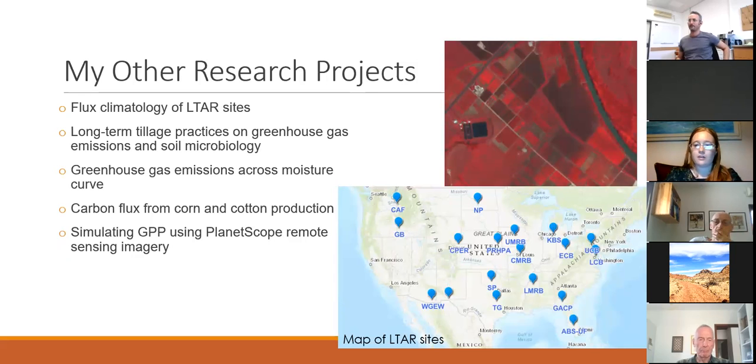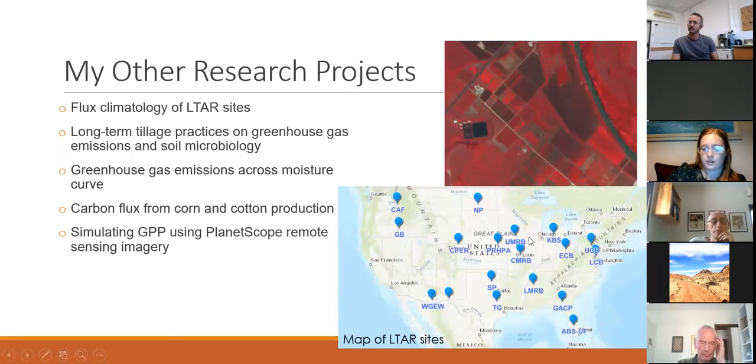So some of the other research that I'm doing: that was kind of an overview of our work with eddy covariance and DSSAT modeling, and I'm going to pull in some of my other work just so that you can get an idea of what we're doing at ARS and some of the other work that's going on here. Right now, one of the big things that I'm involved in is a flux climatology of all LTAR sites.